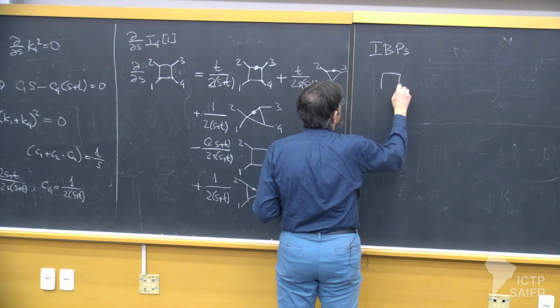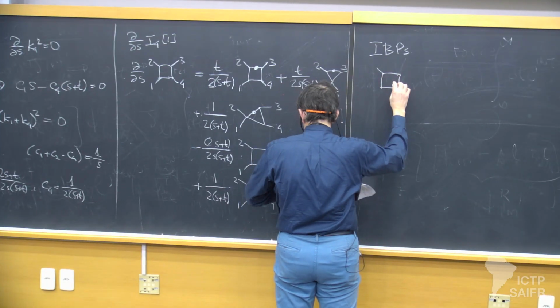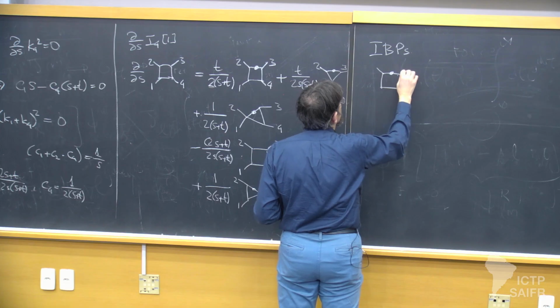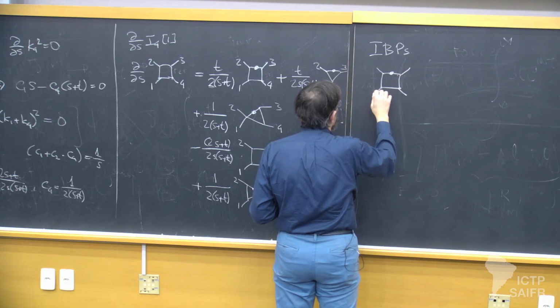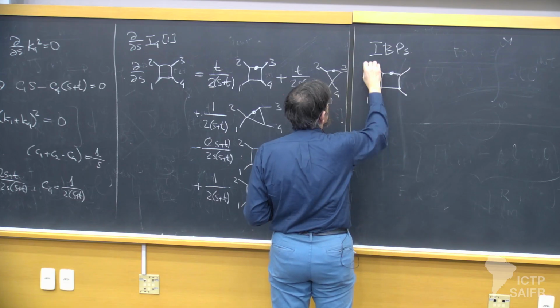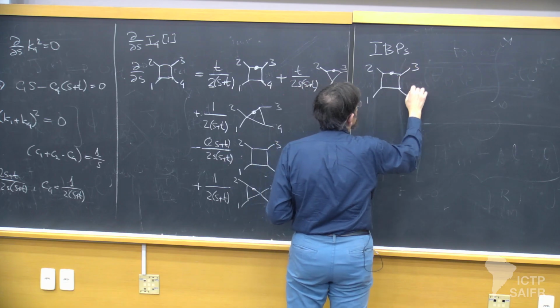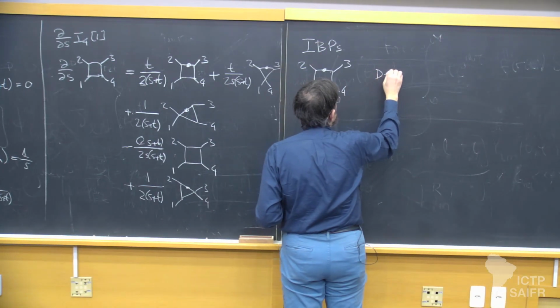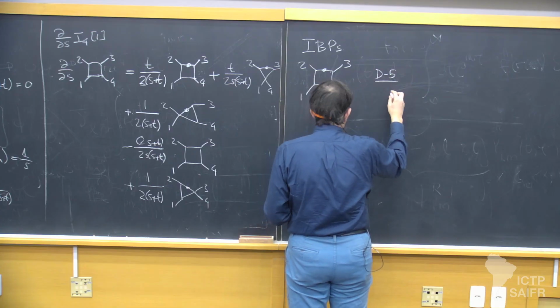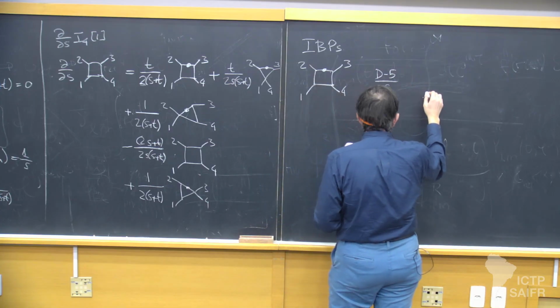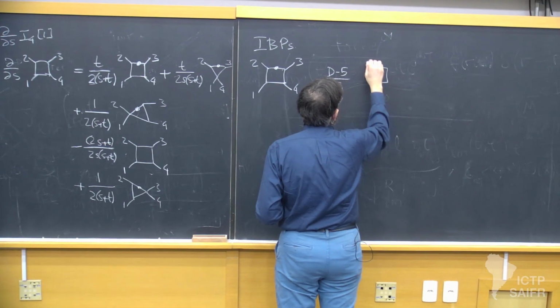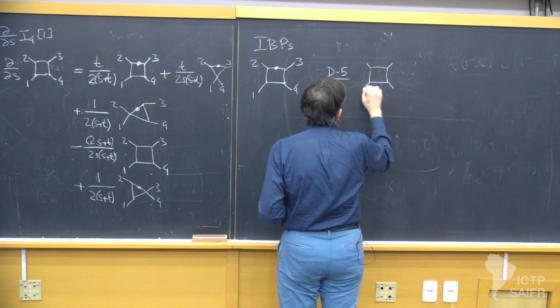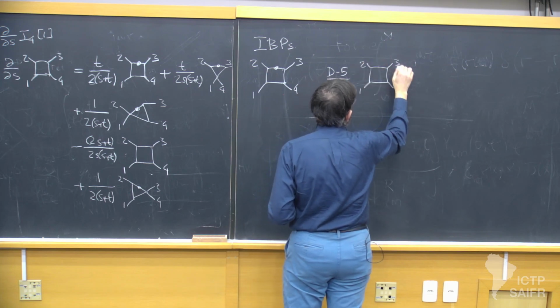So for example, we have this relation. So the box with one dotted propagator, we can write in terms of our original box.